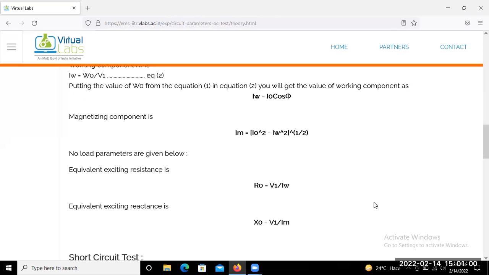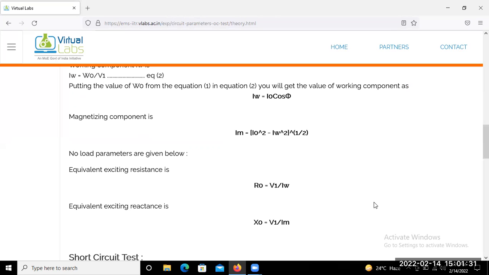If you perform this open circuit test towards the HV side and keep the LV side open, then you may not be able to get the rated voltage of this 3300 volt in a standard measuring instrument. So you have to be concerned about this point.